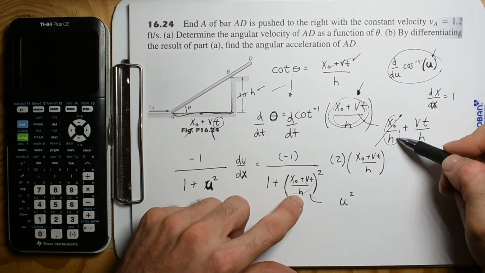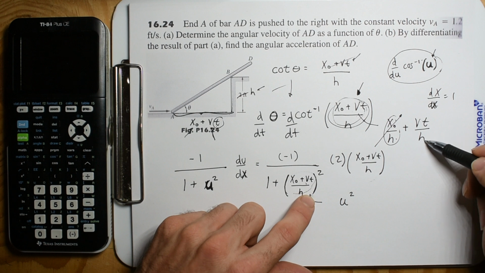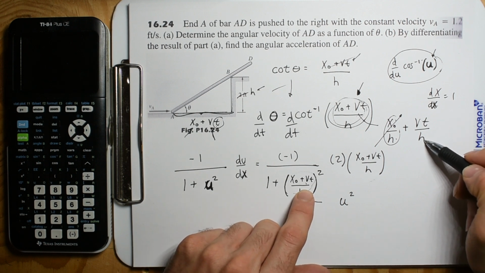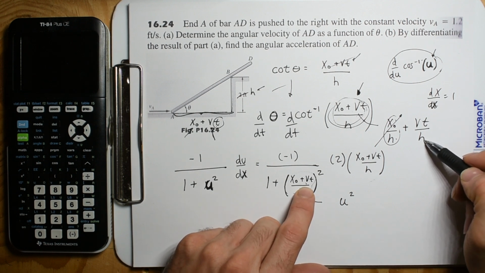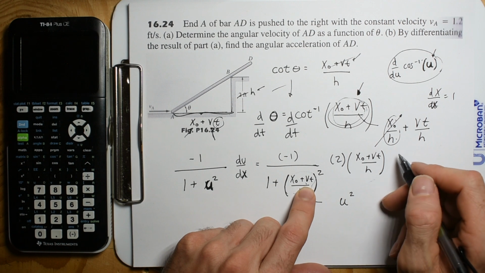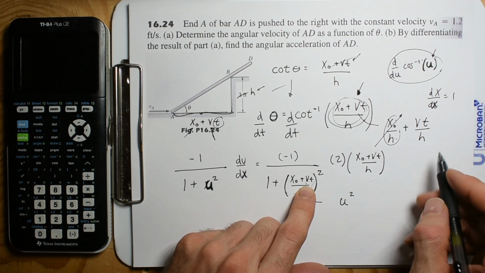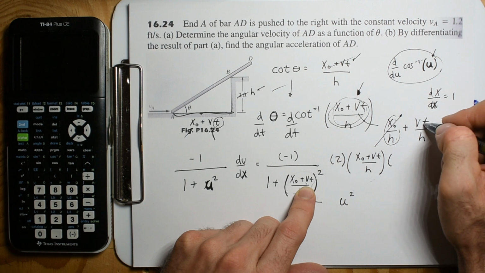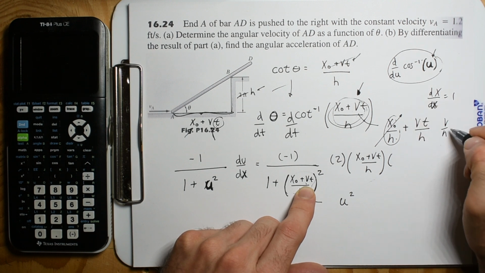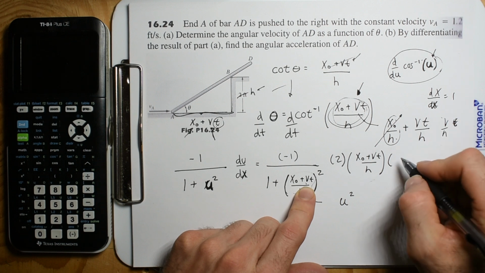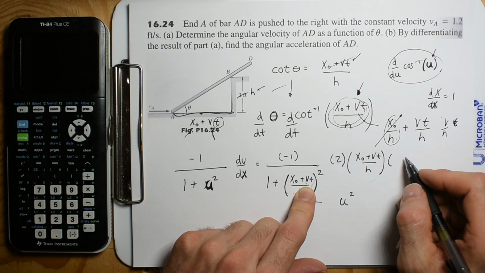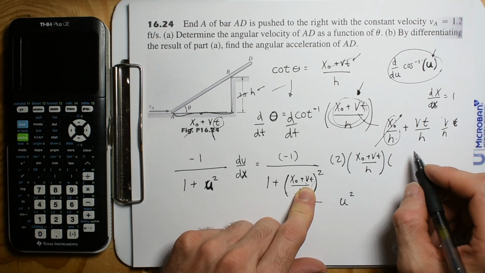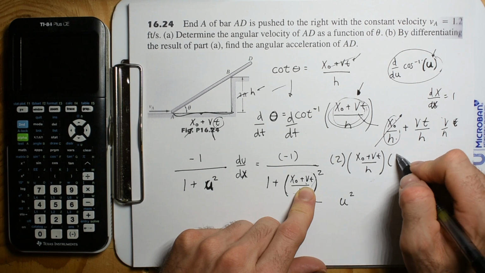Inside this box is x naught divided by h plus v of t divided by h. So we're just going to have this: v over h is a constant. Differentiating t just becomes 1, so it's going to be v divided by h.